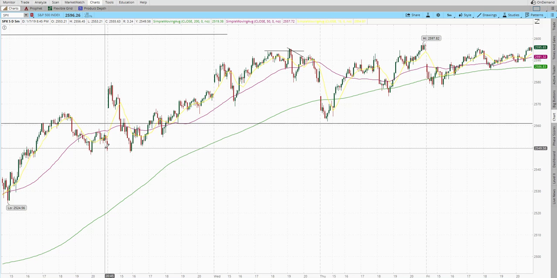In fact, one of my other trades later on in the week is a clear example of this that we'll go to. So that was SPX on Monday.